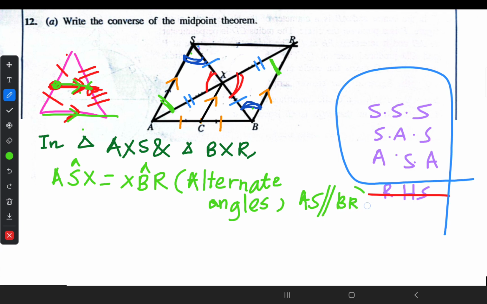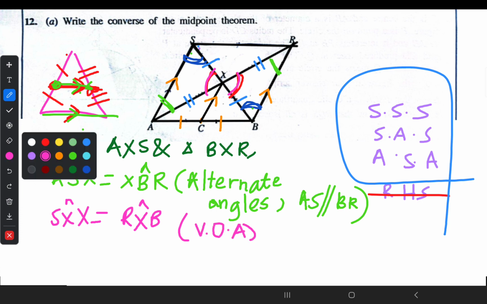Thereafter, second one is, I'll show angle SXA equals angle RXB. Why? Because those two are vertically opposite angles.